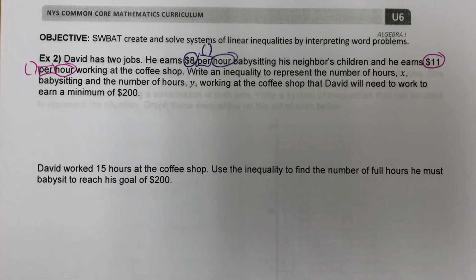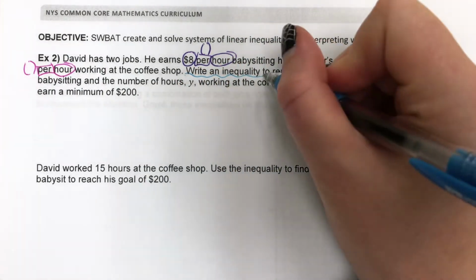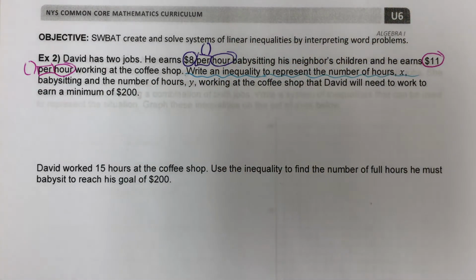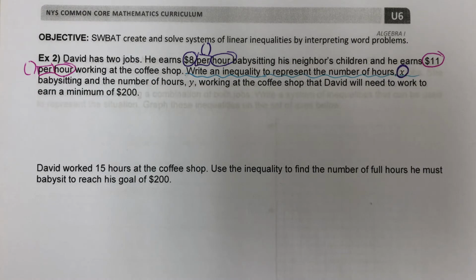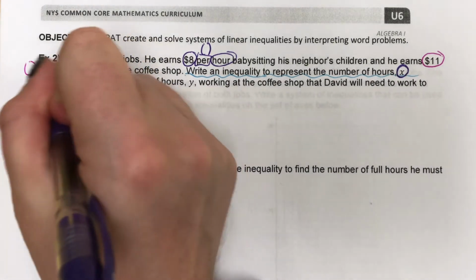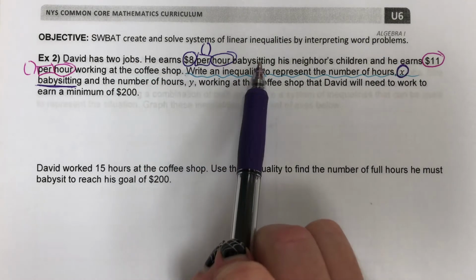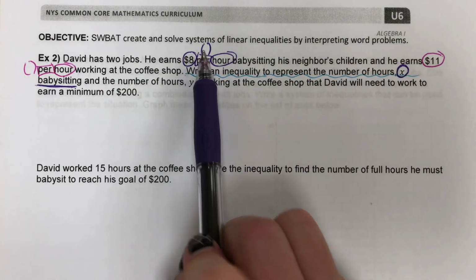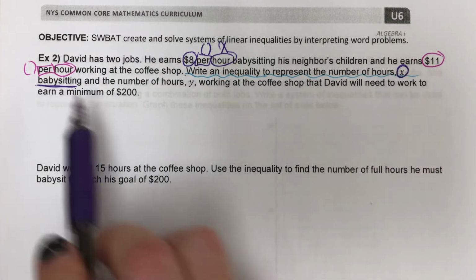Here's the question, I'm gonna underline it. Write an inequality that's gonna represent the number of hours, X, okay? Hours is X, that's a key number, so I'm gonna circle it. X represents babysitting. So now I know if he makes $8 per hour babysitting, it's gonna be 8 times X, because X represents the number of hours for babysitting.